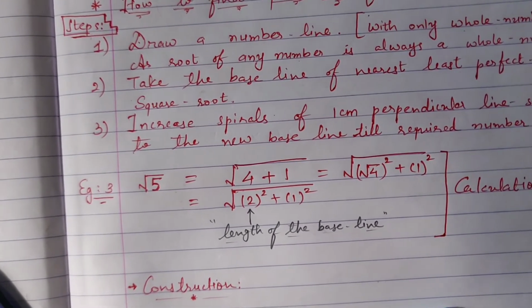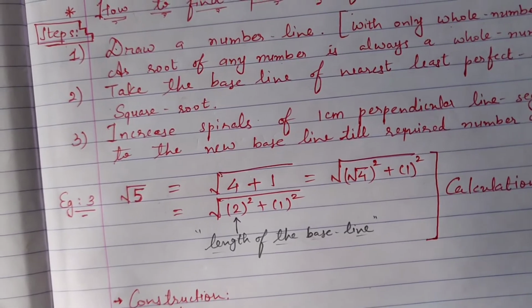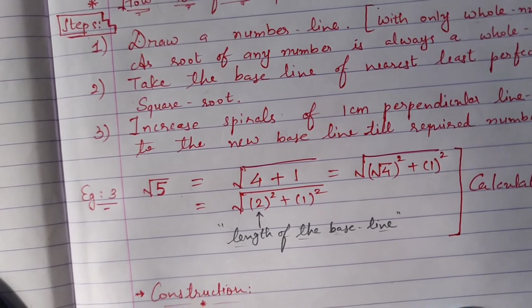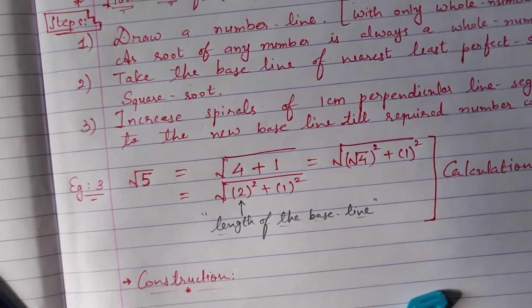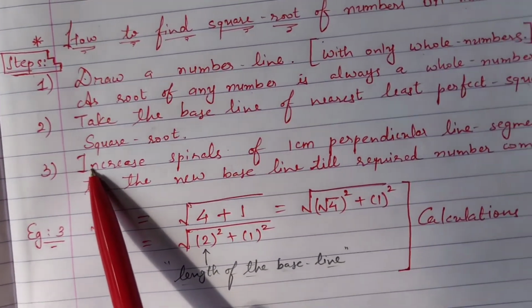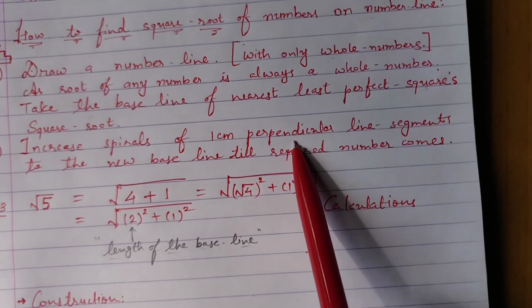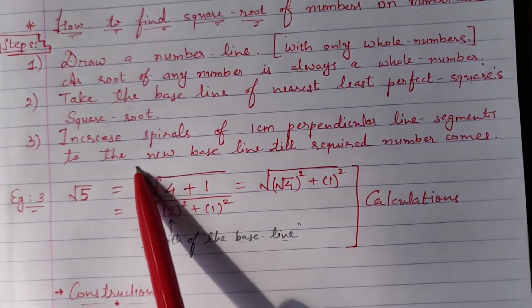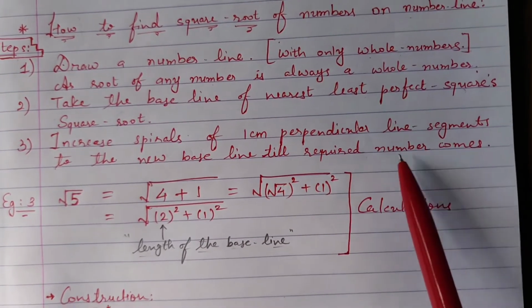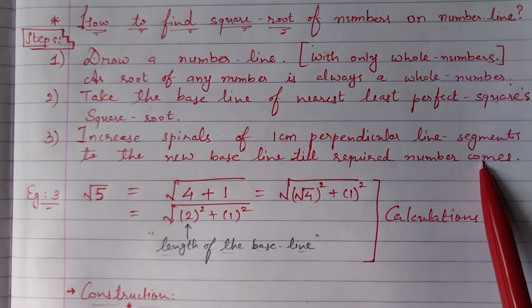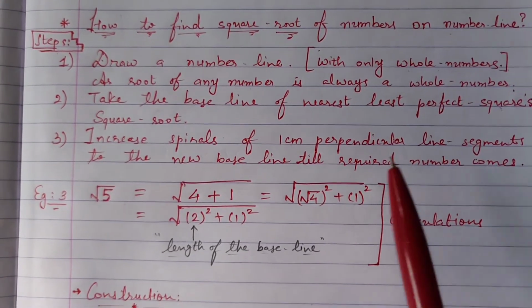These are the perfect squares, because their square roots are whole numbers. Increase the spirals of 1 centimeter perpendicular line segments to the new baseline till the required number comes. What it is exactly, I'll show you with the constructional part.